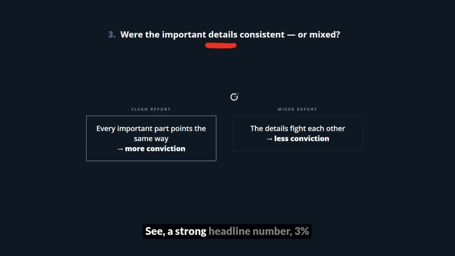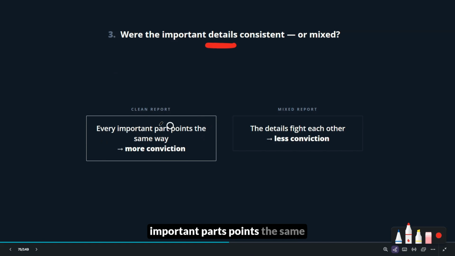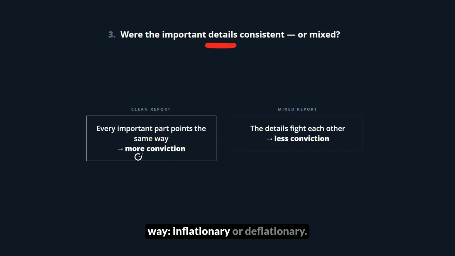A strong headline number, 3% let's say, with weak underlying details is different from strength across the entire report. Now, a clean report is when every important part points the same way, inflationary or deflationary. A mixed report is when things start to get mixed.